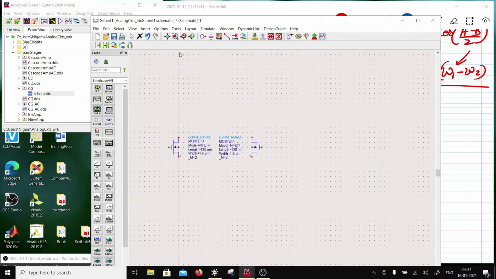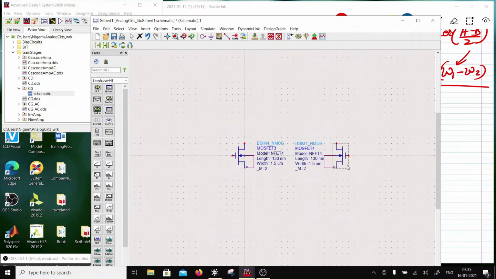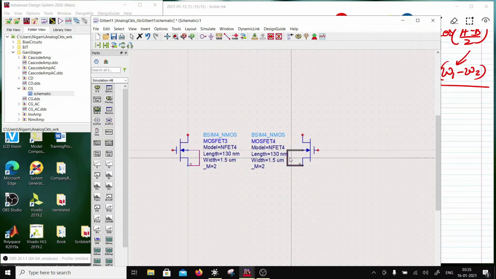Rather, let me just connect it first. So this is connected over here. This is connected over here. Fine. So this is one translinear cell.